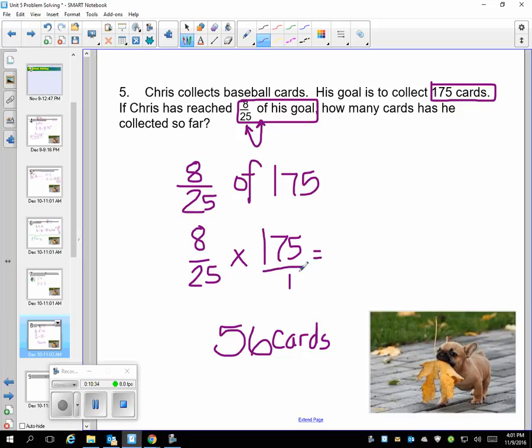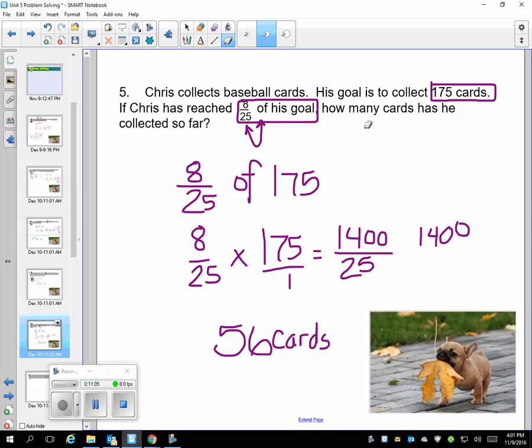If you're not following that, just multiply. You can do a little bit of extra work, but 175 times 8. You'll have to work it out to the side. I get 1,400, and 25 times 1 is 25. So now I've got to work a little division problem. Whoops, that's a little sloppy.